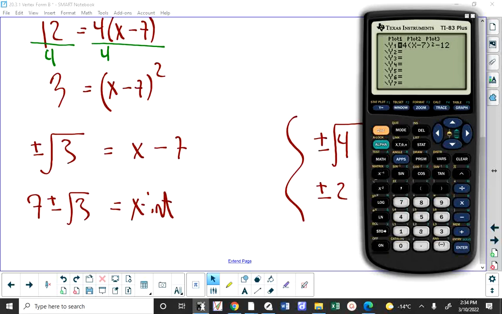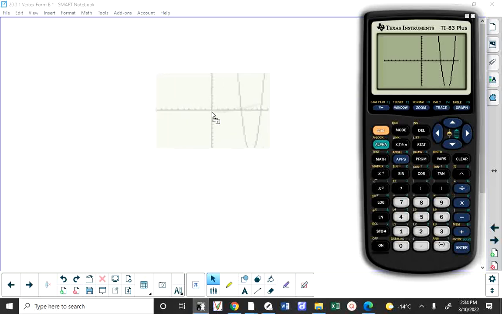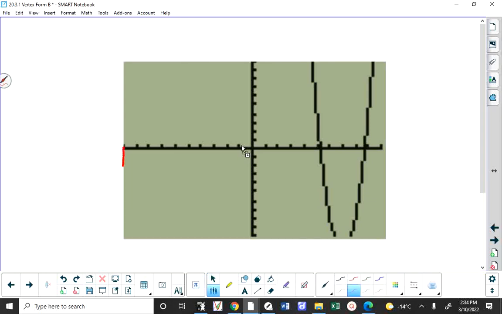Okay, I'm going to go zoom standard just to see what happens. That's not bad. And I want to talk about window settings here. When you go zoom standard, your calculator will go from -10 to 10 horizontally and from -10 to 10 vertically. Okay?